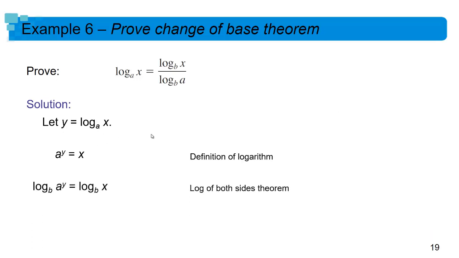Log base b of a to the y equals log base b of x. That's just taking logs of both sides. So now we can see that part of this equation, log base b of x, can be substituted out. We also know that this rule brings the y down, and then we have log base b of a, which is the bottom piece.